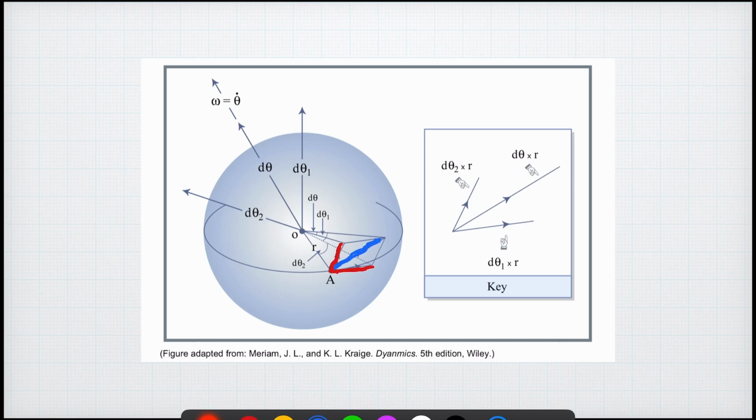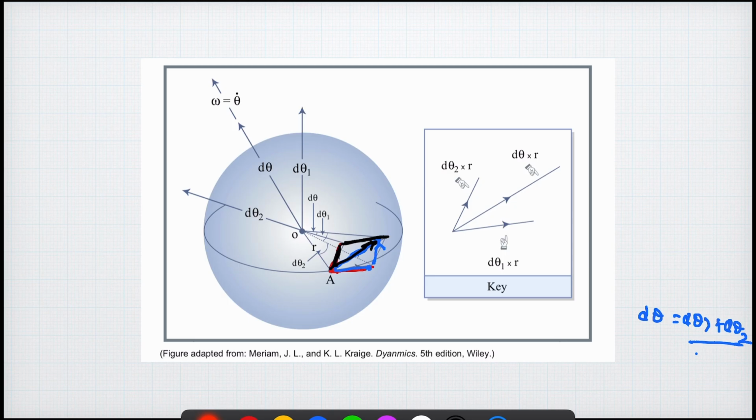So d theta is d theta 1 plus d theta 2. If I add d theta 1 first and then d theta 2, the resultant is like this. If I add d theta 2 first and then d theta 1, the resultant is still the same.